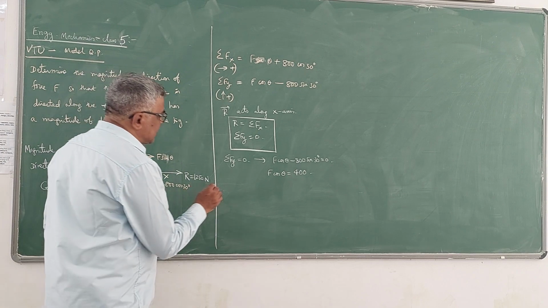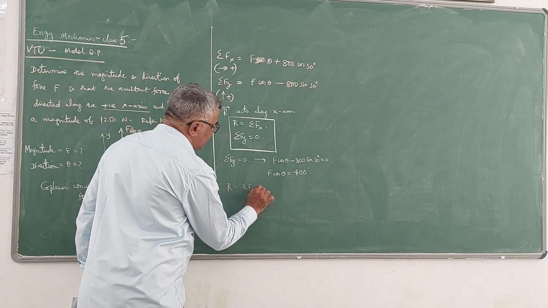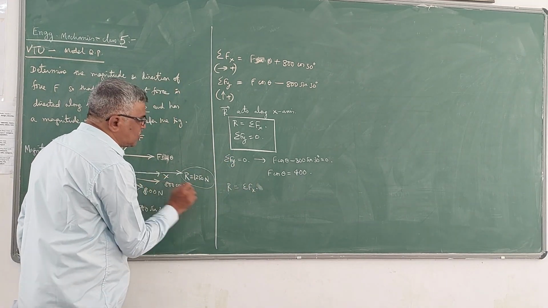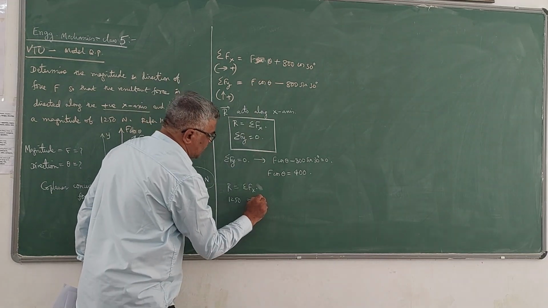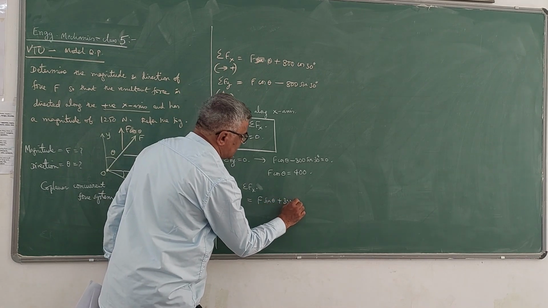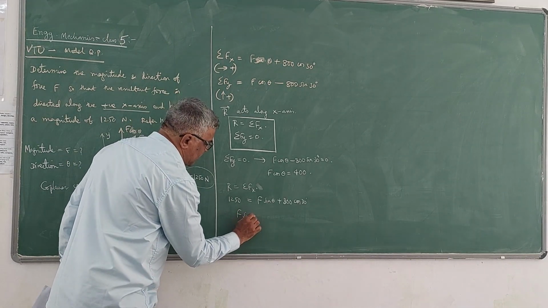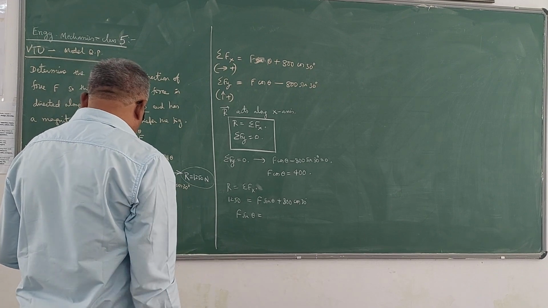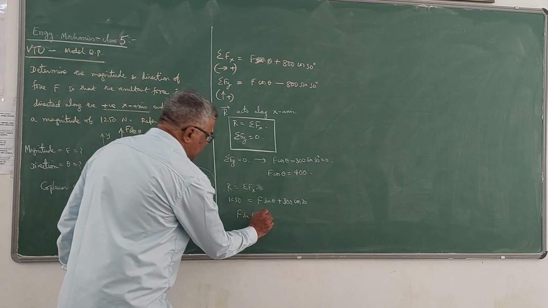Now the second condition is R is equal to sigma Fx. R he has given, 1250 Newton is equal to sigma Fx, which is F sin theta plus 800 cos 30. So if you simplify this, you will get F sin theta is equal to 1250 minus 800 cos 30, which becomes 557.2.